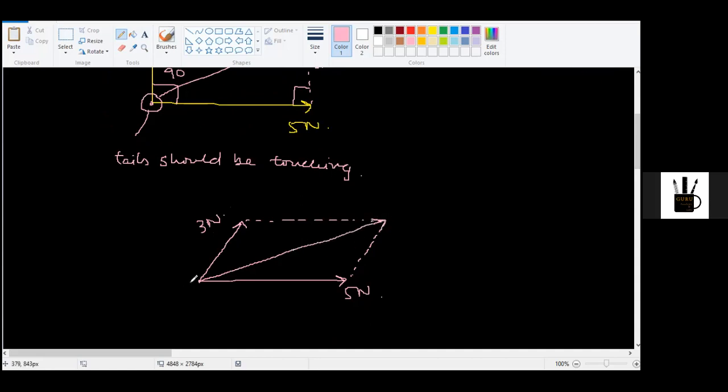When the tails are touching, when one ball is acted upon by two forces, it's going to go this way, and this is your resultant. Again, this is called vector addition or the parallelogram law of vector addition. So take it down. Parallelogram law of vector addition.